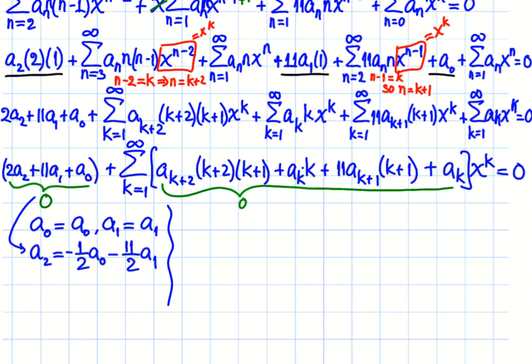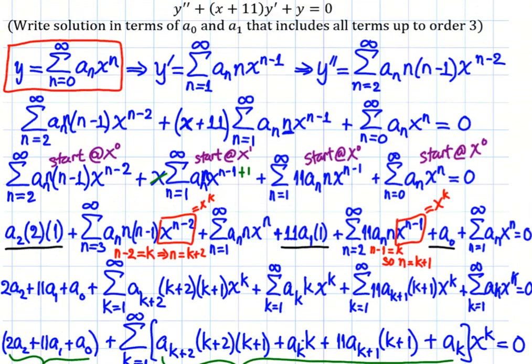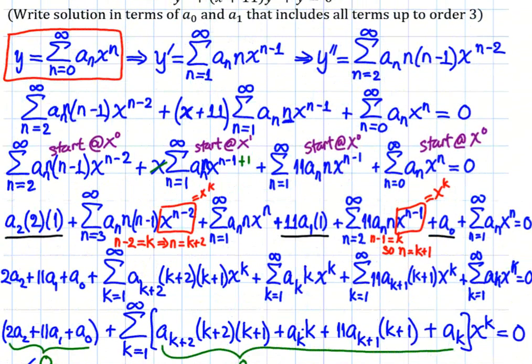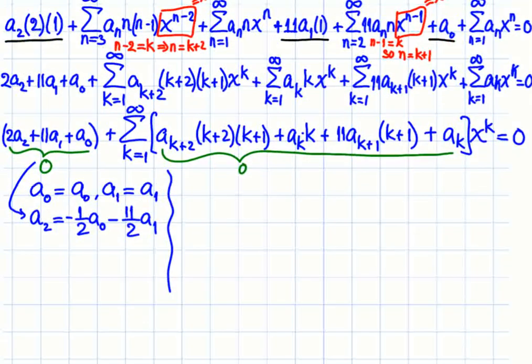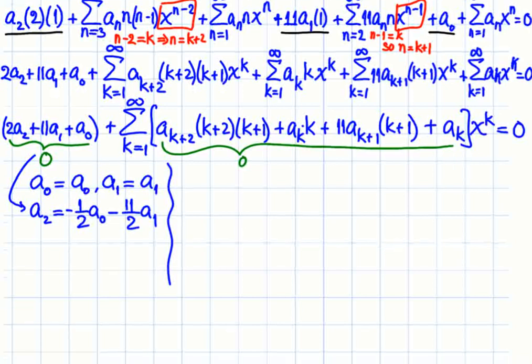By the way, for this problem we need to write the solution up to x cubed, up to order 3, meaning up to x cubed, which means we need A3. So to find A3, we have to use the summation. We start with k equal to 1. Now if we put 1 into the coefficient, we will have A3.